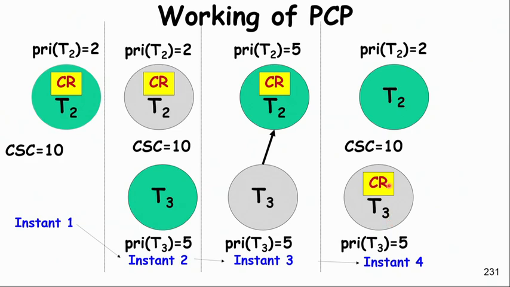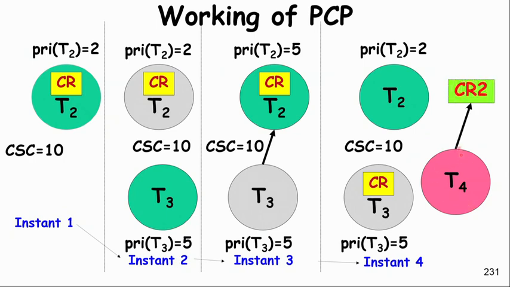So, the ceiling priority of the resource is assigned to the current system ceiling, and let us say T4 is another task which is needing a different resource CR2. It will not be allowed to lock this resource, because the priority of T4 will be compared to the CSC, which is 10, even though the priority of T4 is 6, which is greater than T3.